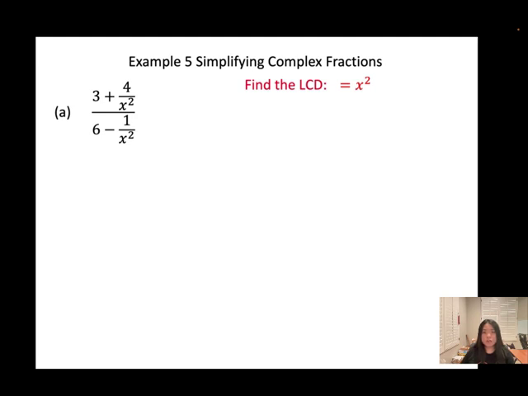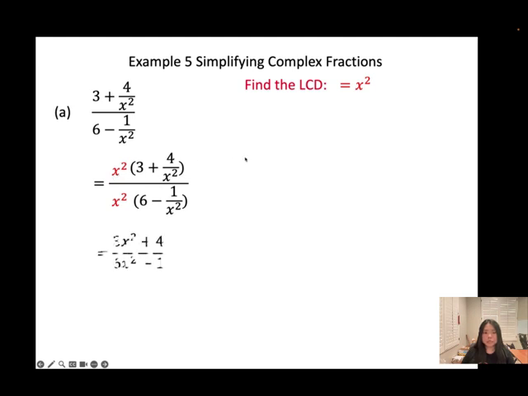After you find out the LCD, you're going to multiply the LCD for the numerator and the denominator. And then you're going to distribute it one by one. After you multiply the LCD, you should be able to cancel out this guy.